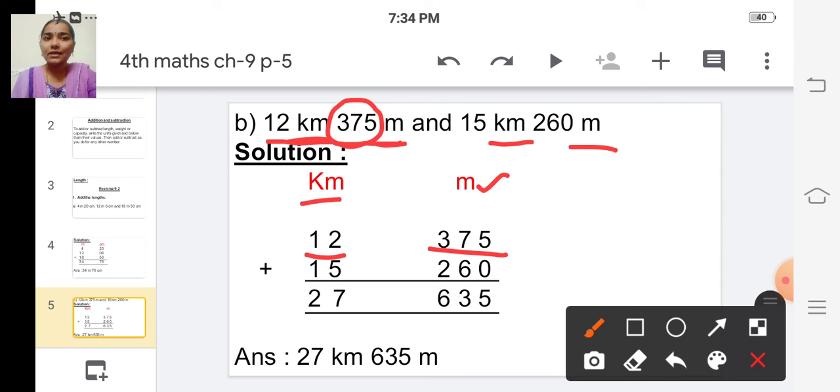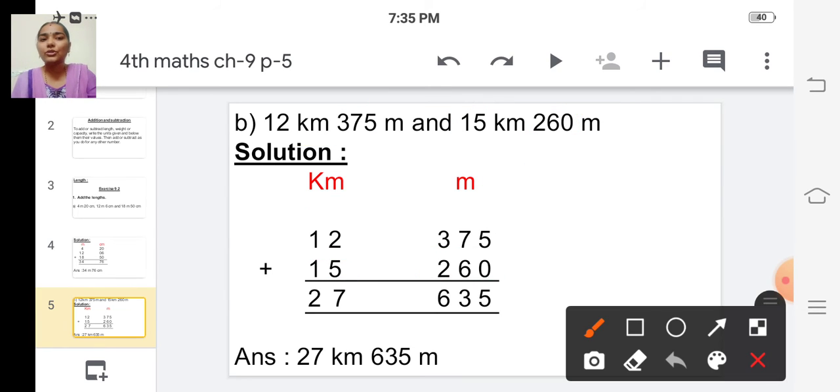The second length is 15 kilometer 260 meter, so write 15 below the unit kilometer and 260 below meter. Now we are going to add these two lengths.